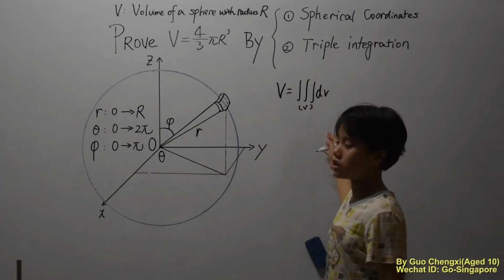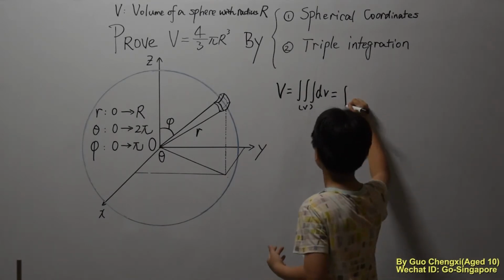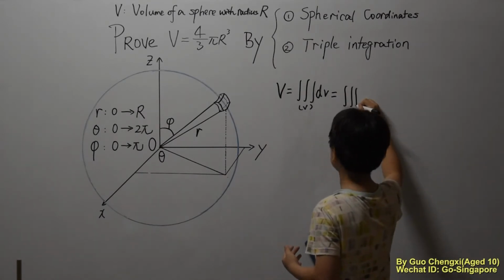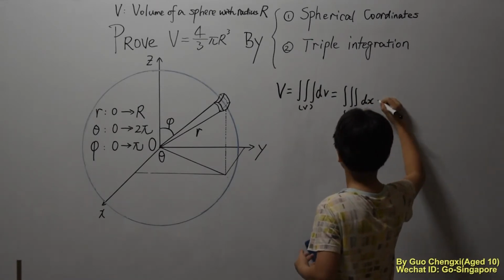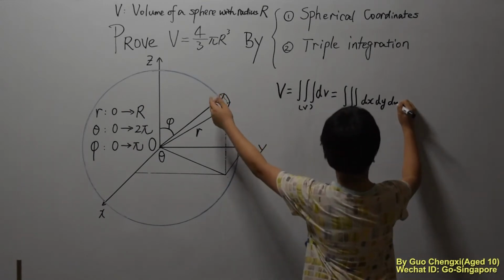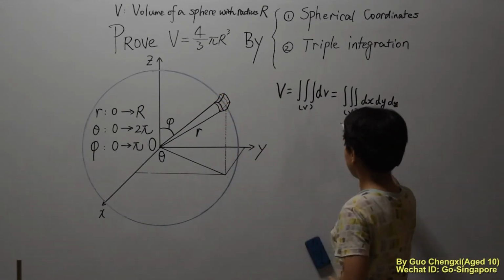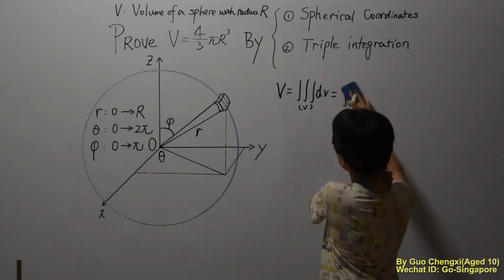So this is basically the volume. Then you can either do it like this, with dx, dy, and dz. But no, we aren't going to use this method in this lesson, okay?